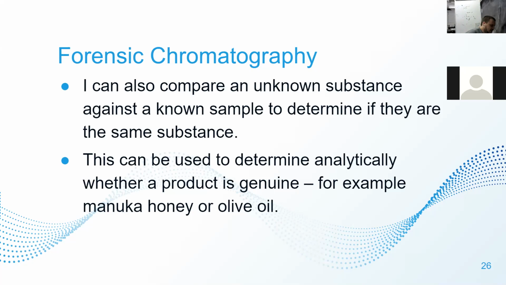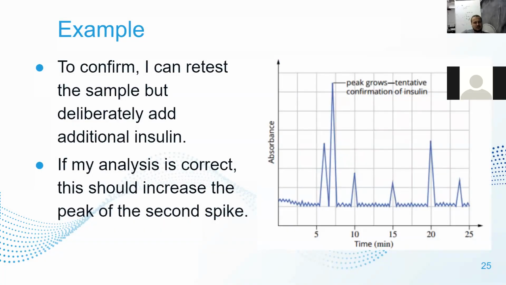What they will do is they will take honey, expensive honey, and add cheap honey and sugar syrup to make it go further. If you were to run a sample of pure Manuka honey and the spiked honey, what do you think you would see? A completely different chromatogram? Would they look completely different?